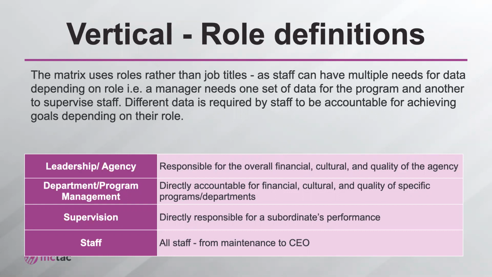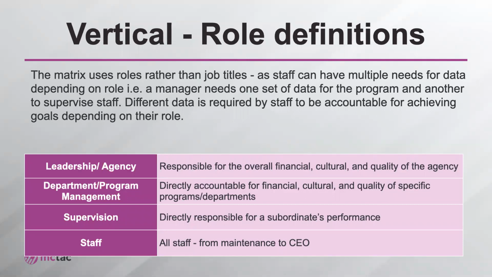So we're going to be looking at data that the leadership, who are responsible for the overall financial, cultural, and quality health of the agency, need. We're also going to be looking at data that department and program managers need. And this isn't just about the managers of programs and services, but also for the support departments as well.